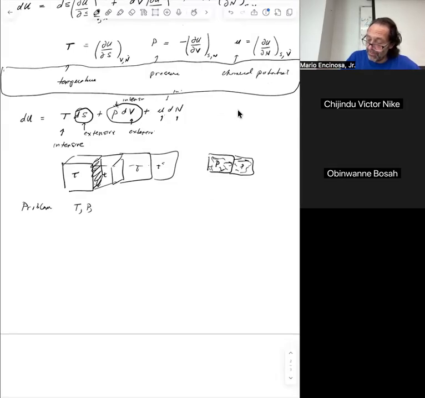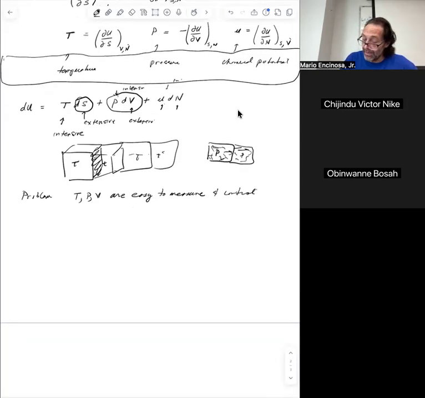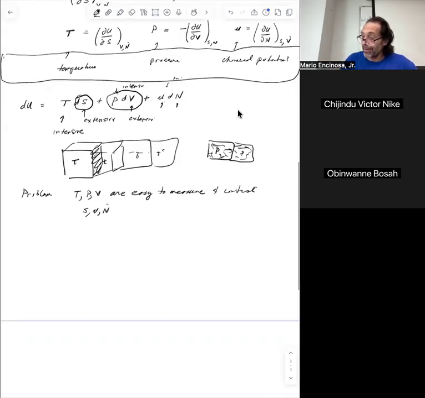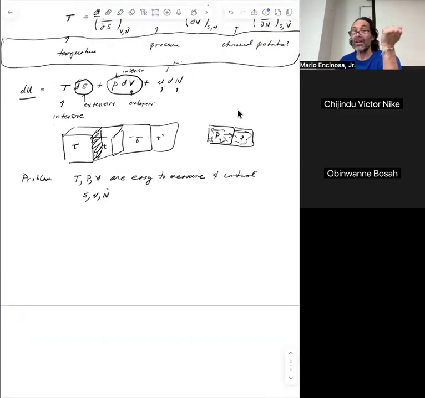T, P, and V are easy to measure and control. However, what's not so easy is S, mu, and N. So maybe this is theoretically fantastic. Theoretically, it's utterly fantastic. In practice, though, if you want to talk to experimentalists, it's not that easy.